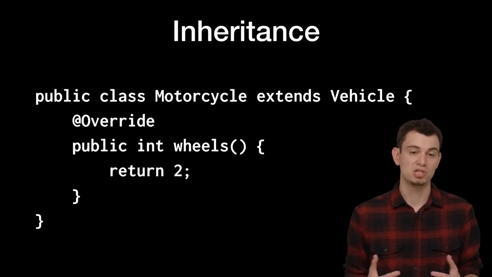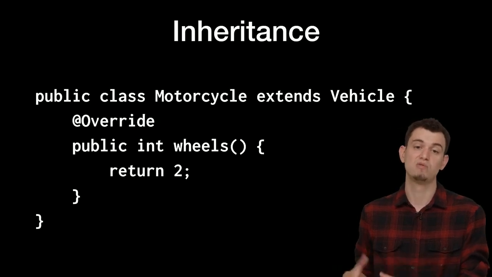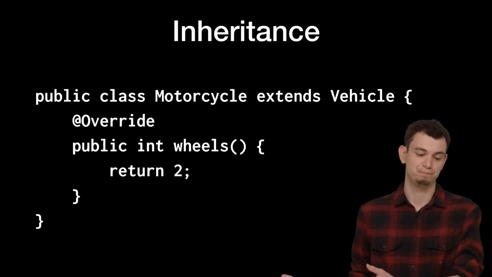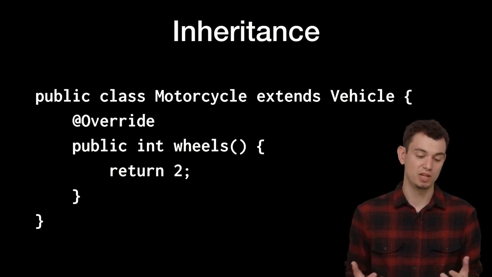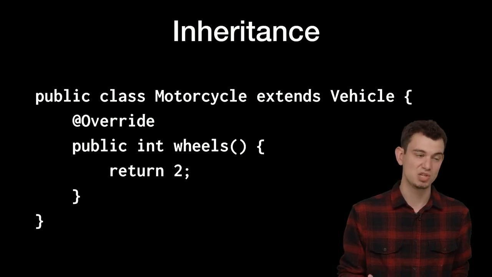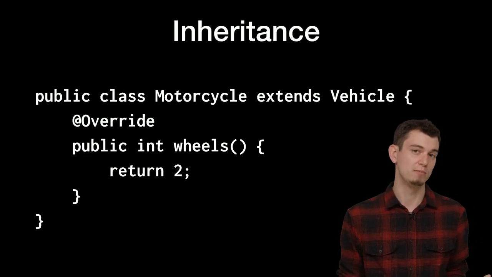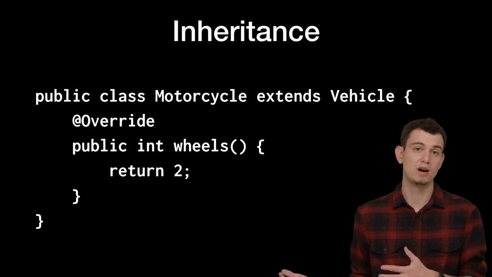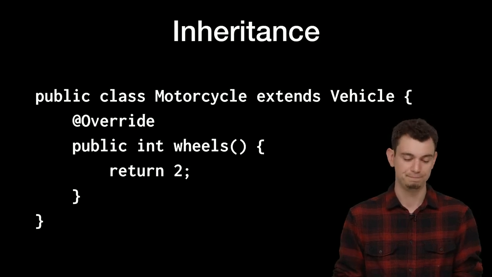This is basically just a signal to the compiler telling the compiler that I just overrode this method. If I forget the override, that's okay, but it's really helpful because if I had this @override and I tried to override a method that didn't exist, the compiler would tell me, hey, you're not actually overriding anything, you probably messed up somewhere. So whenever you're overriding a method, it's really helpful just to add this @override before you do that. So that's extending classes.